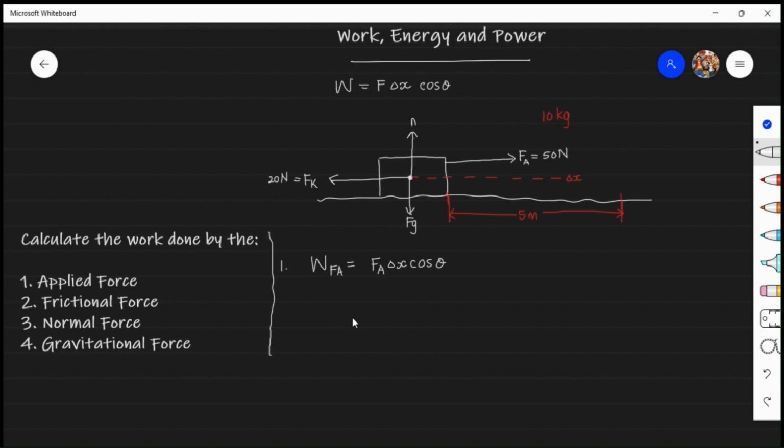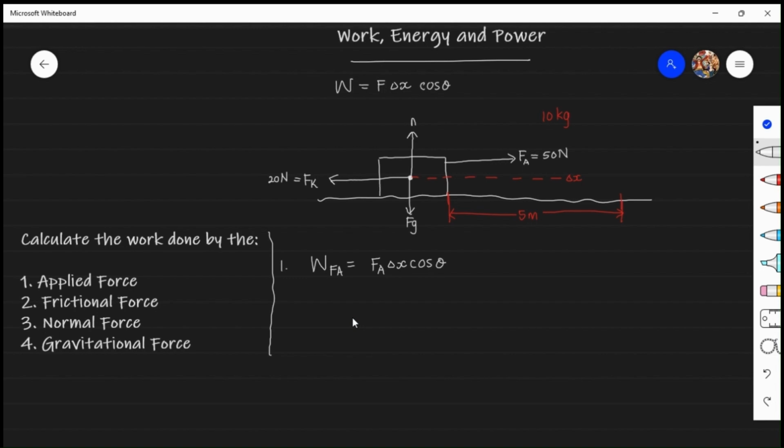Something important to take note of is that when we are dealing with work, which is a scalar quantity, we do not need to include the direction in our force. I know that it's something that we normally take into consideration. We're always trying to identify whether this force is positive or negative based on its direction. But due to the fact that work is scalar, we don't need to take it into consideration.